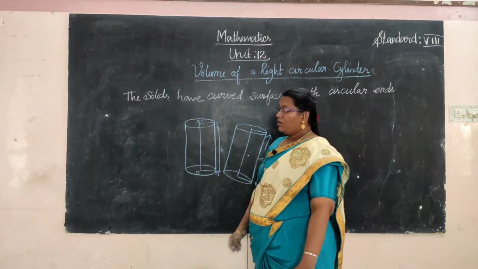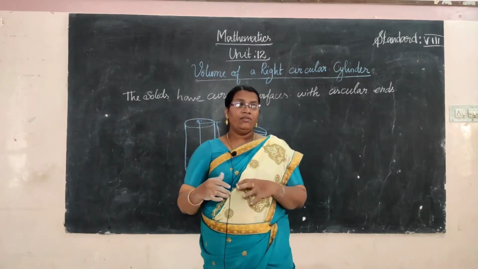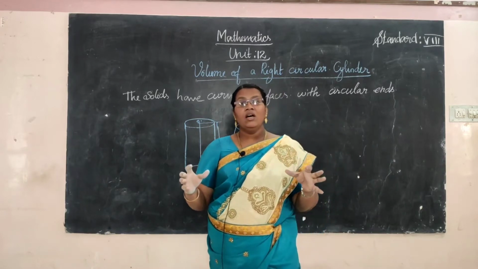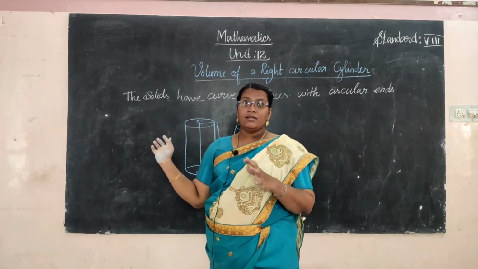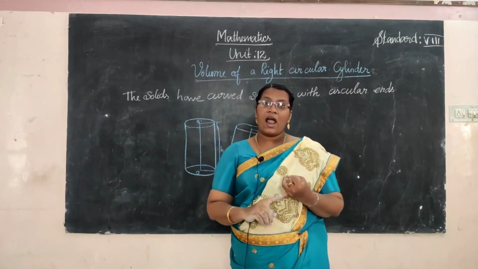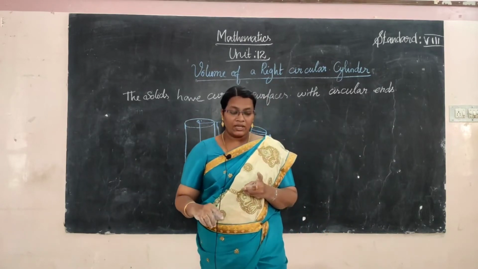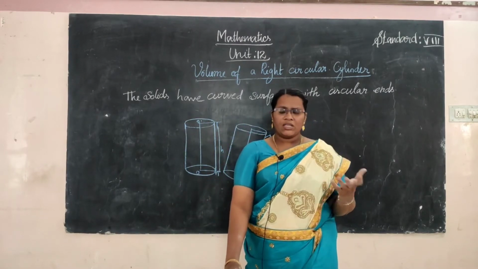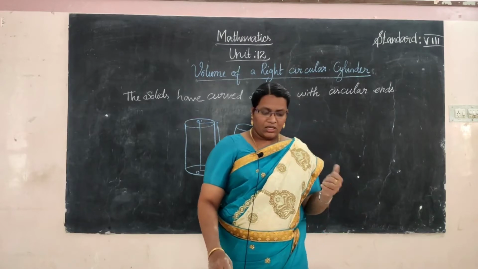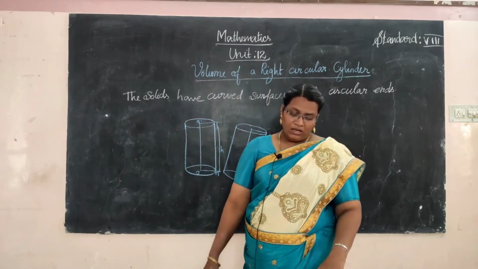In our day-to-day life we come across several solids like cylinders, is it? A water can, some cool drink cans, and a pipe. These are all examples we have seen in day-to-day life.